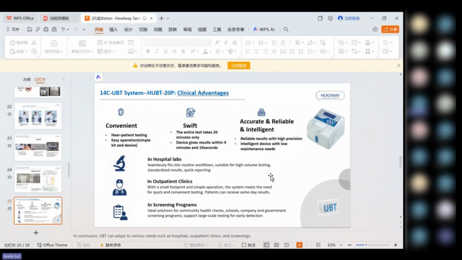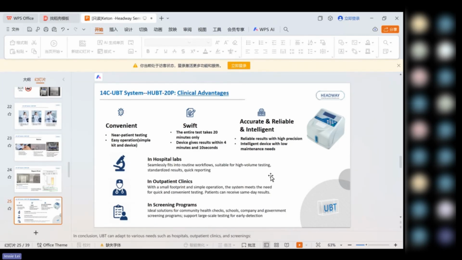So in conclusion, our analyzer has 3 clinical advantages. Advantage 1, it is convenient. The patient can get the report quickly, and the operation is very easy, just a device and a test kit. Advantage 2, it is swift.